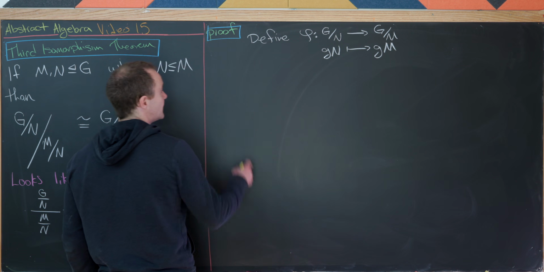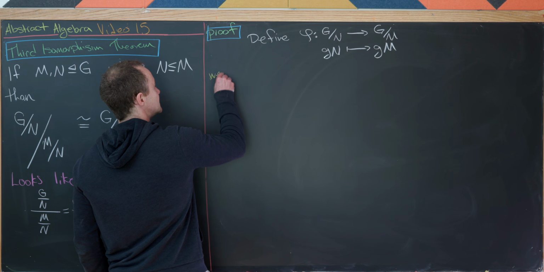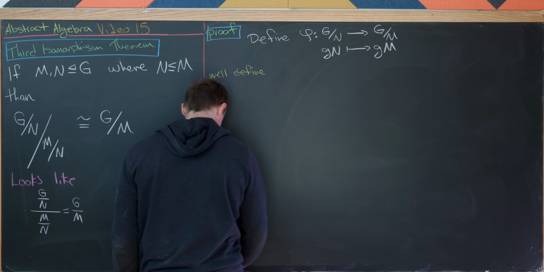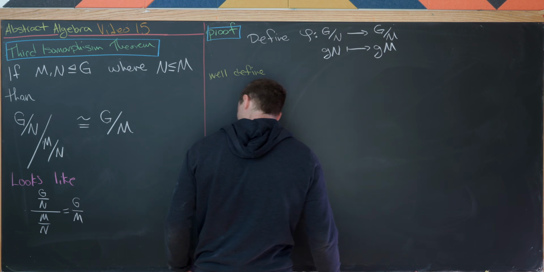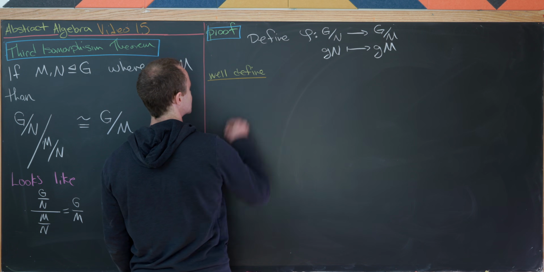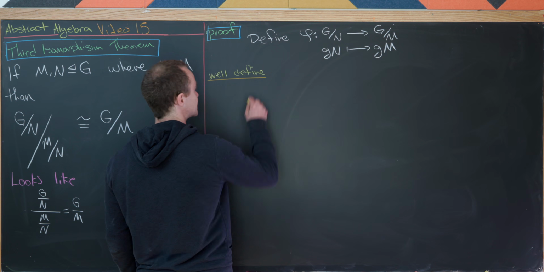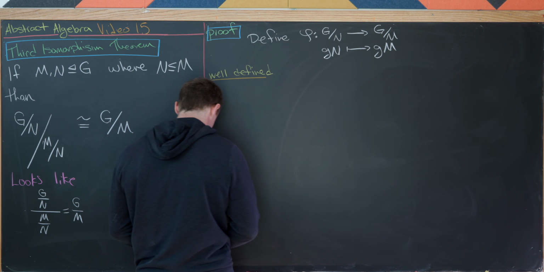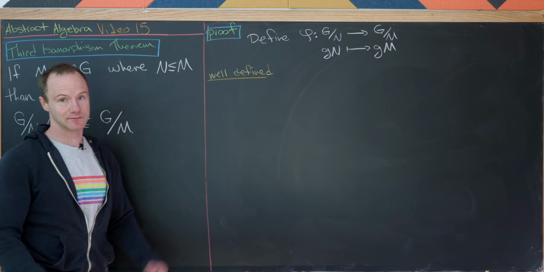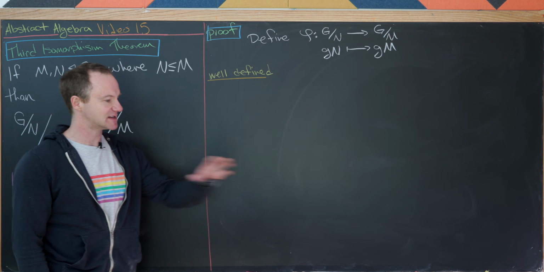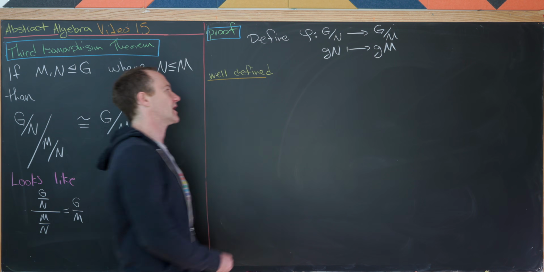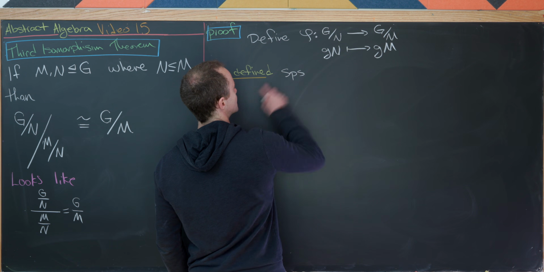But maybe think about what we always need to check whenever our domain is a quotient group, or more generally, whenever our domain includes equivalence classes. And that is, we have to check that this function is indeed well defined. And that's because elements of the domain may have different names. And we want to show that they get sent to the same place regardless of which name we choose. Okay, so let's check that it's well defined.